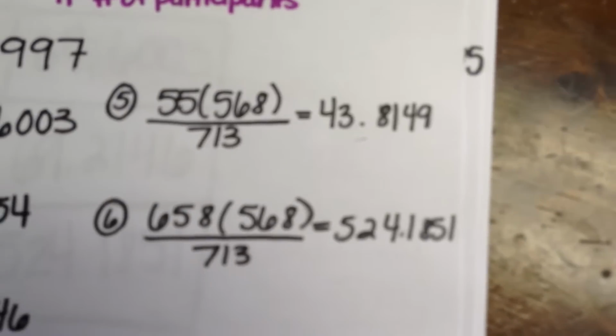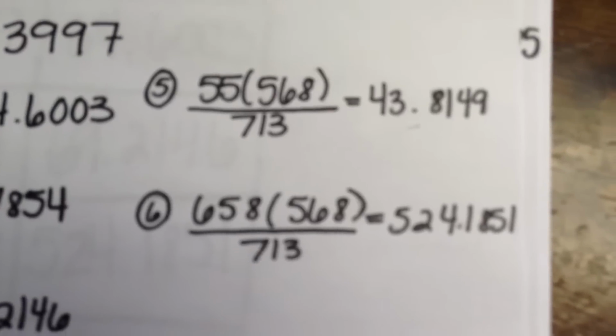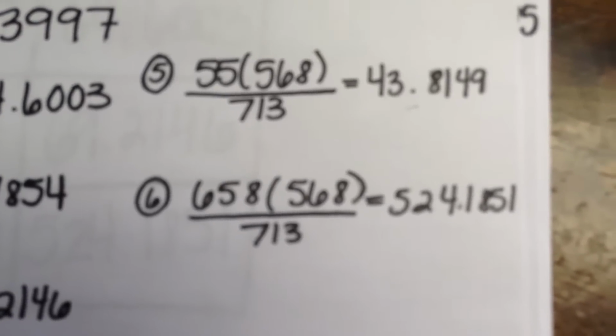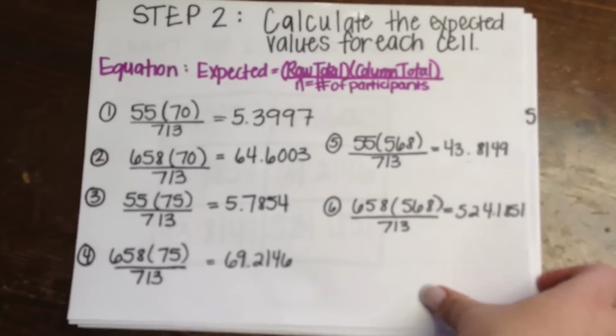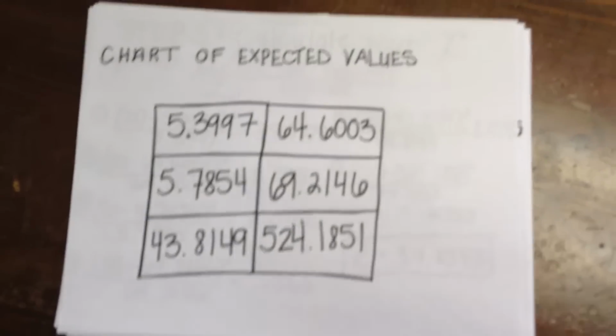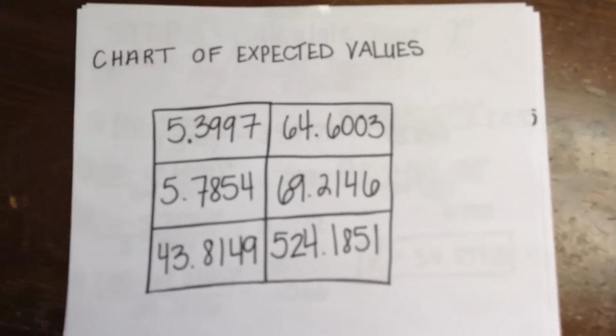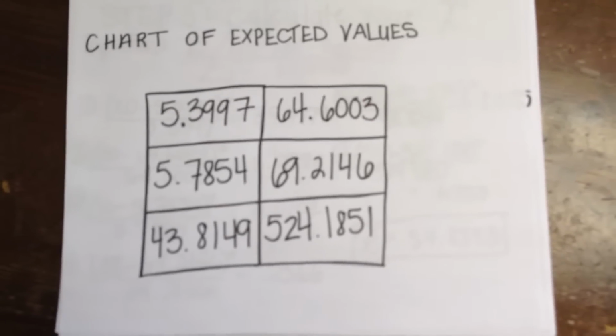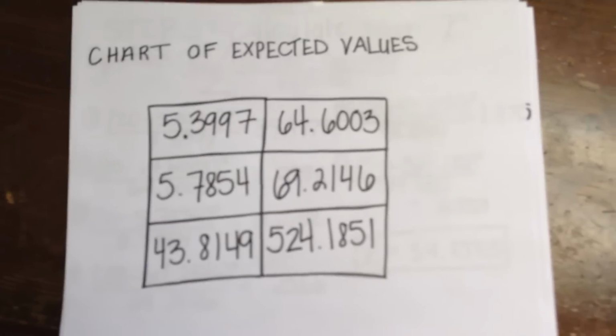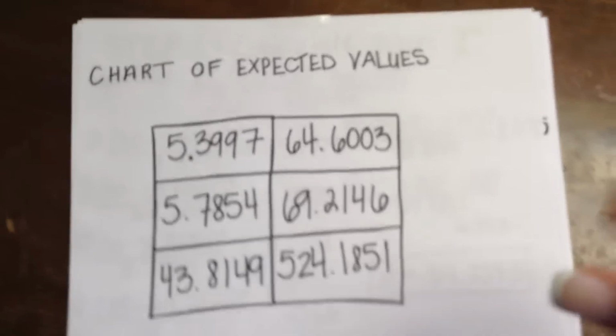Remember to do this for each cell. It might make things easier for you if you lay it out in a chart like this. I repeat, feel free to pause the video at any time to write down information.